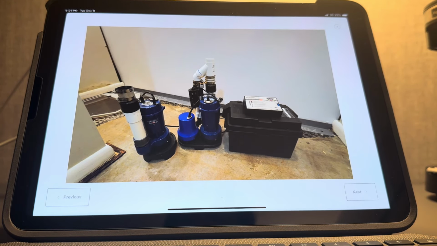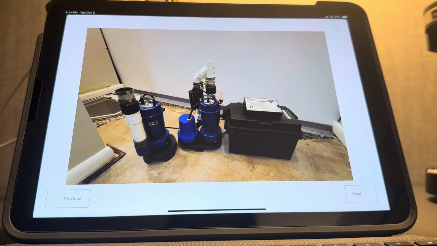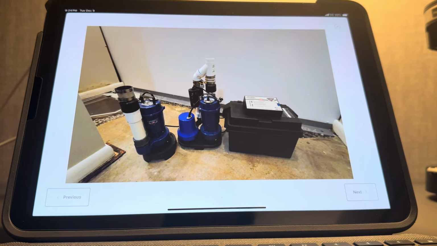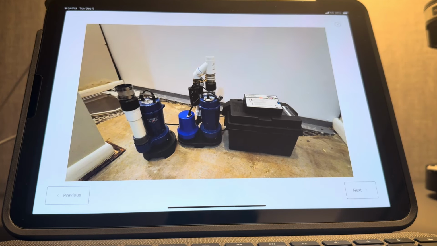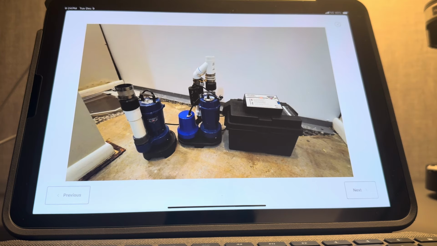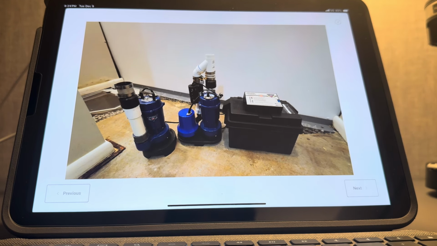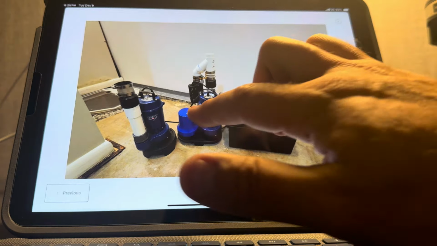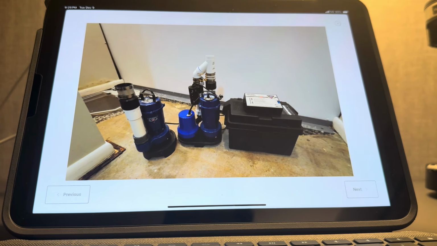Again, the triple pump system does what the name suggests or implies that it does. You've got three pumps within this system. You've got the primary pump over here on the left, and it sits at a lower level than the secondary pump does.